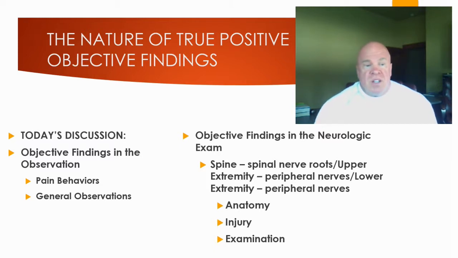So in today's session, we're going to talk about pain behaviors and what information we can glean about the examinee by observation of the presence or the absence of pain behaviors in the examinee. And then I just want to talk to you about a few general observations that signal positive objective findings in the observation of your examinee. And this will lead directly into our next discussion regarding the neurologic exam.